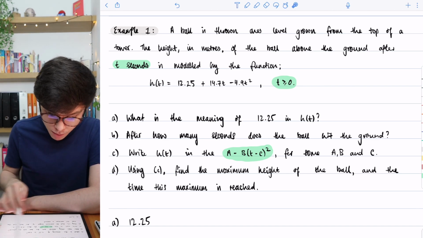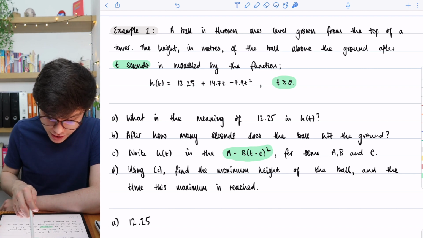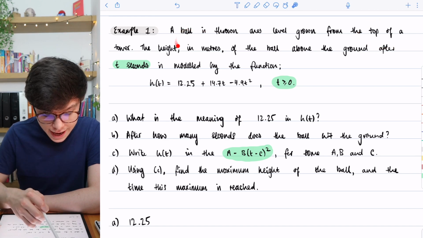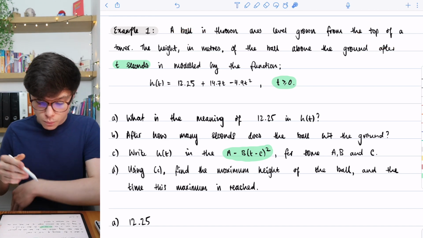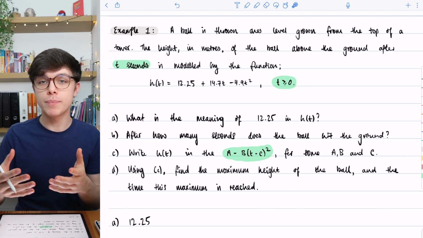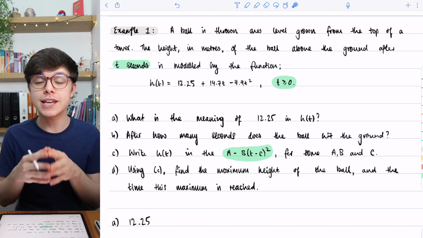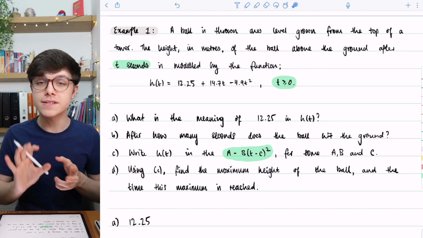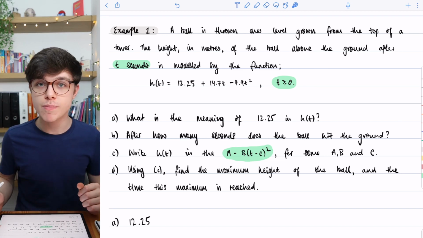But the ball is at the top of the tower and we're throwing it over level ground from the top of that tower. So when we have not thrown the ball, we haven't started the path of the ball yet. So we're at time t equals 0. Okay, we're at 0 seconds. We've not thrown the ball, it's not left our hands yet, we're still at the top of the tower.